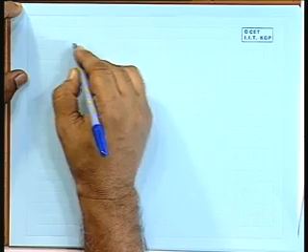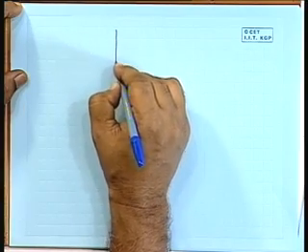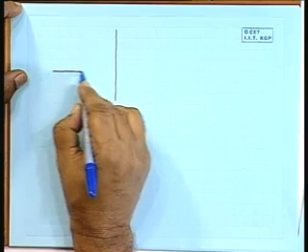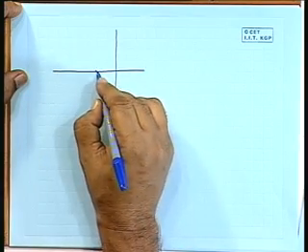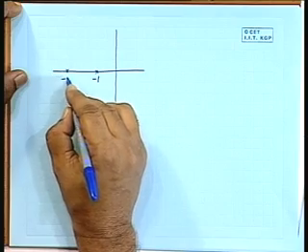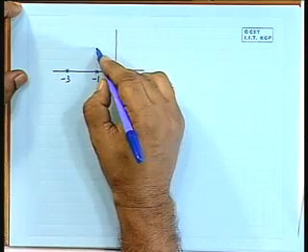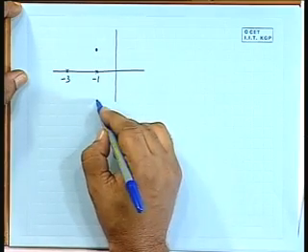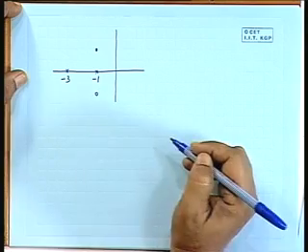So, let us take a few concrete values of A1, A2 etc. and then evaluate. Suppose this is at minus 1, this is at minus 3, this is a zero and this is a zero.